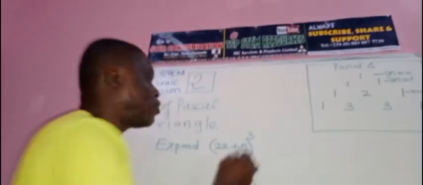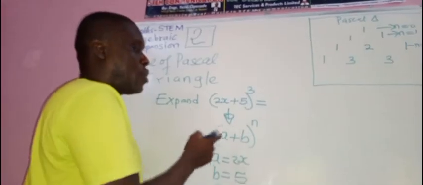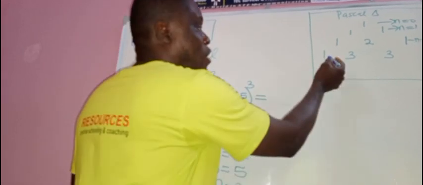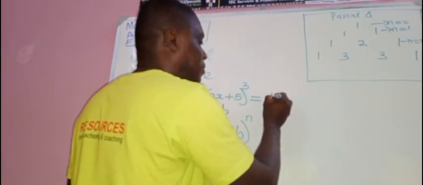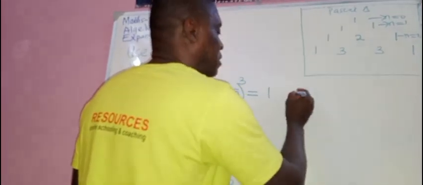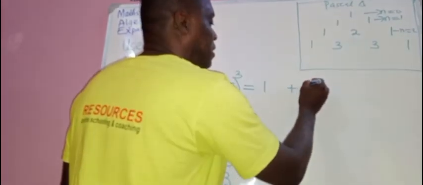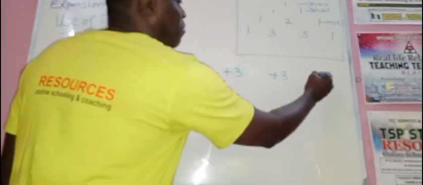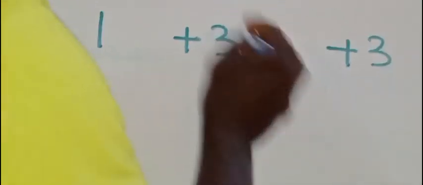So this now will be equal to, I'll write the coefficients: 1, you leave a space, plus 3, you leave space, plus another 3, you leave space, plus 1. You see that?